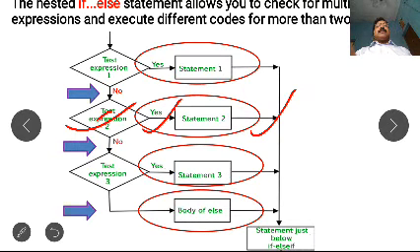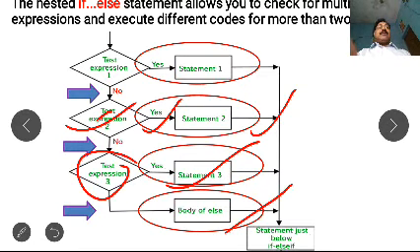If it is no, then control will come here, and if it is true, then this statement will be printed. And if all this evaluates to false, then this will come to the else body, and the statement just below the if else will be printed.